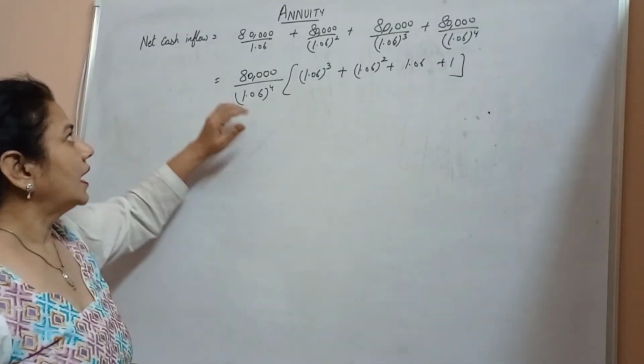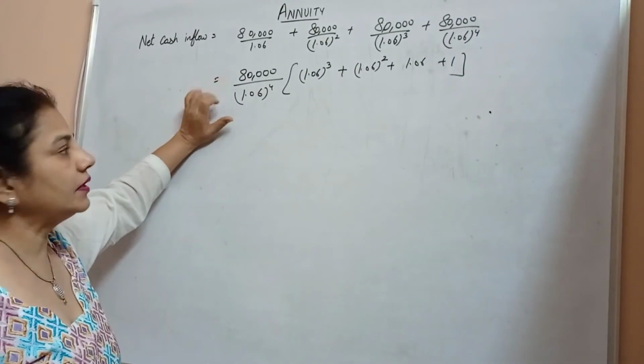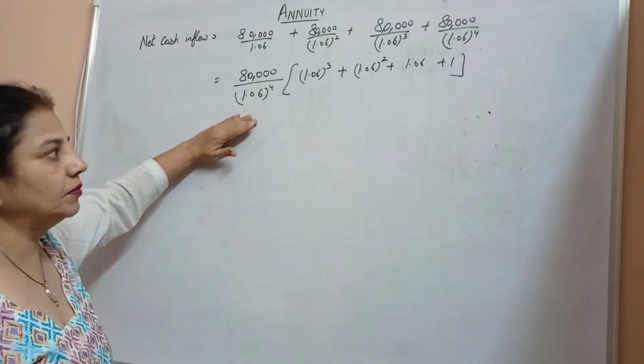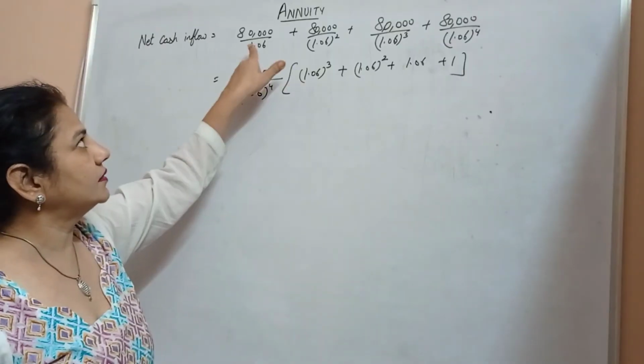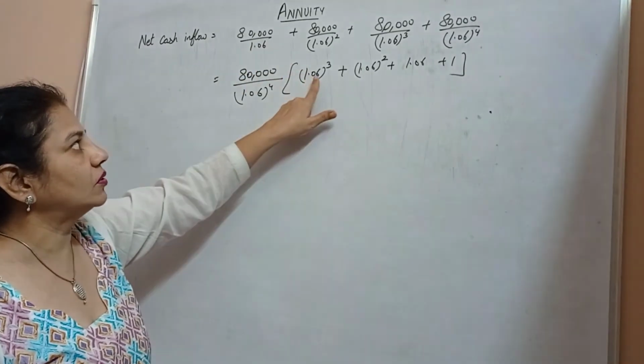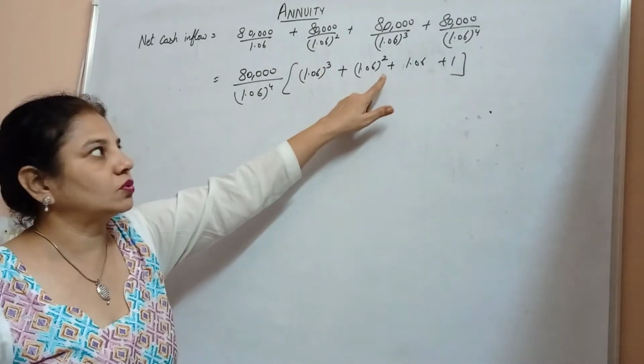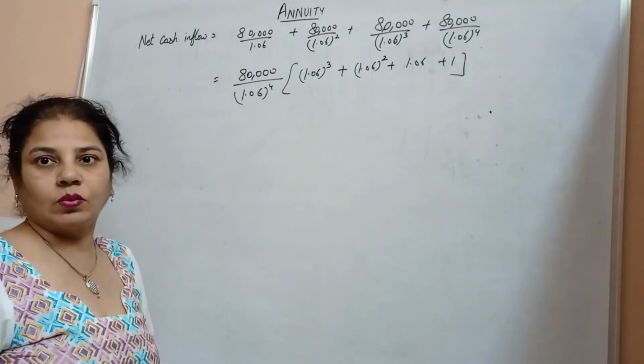Taking the LCM, we get 80,000 common, and in the numerator 1.06 whole cube plus 1.06 whole square plus 1.06 plus 1.